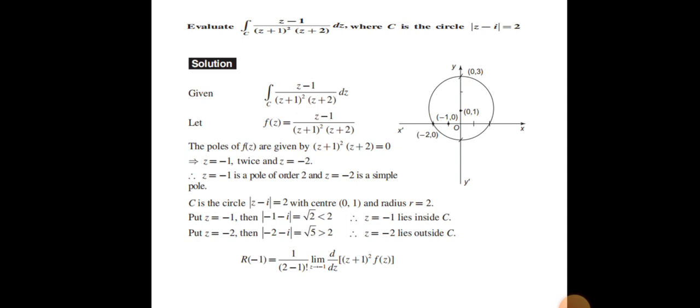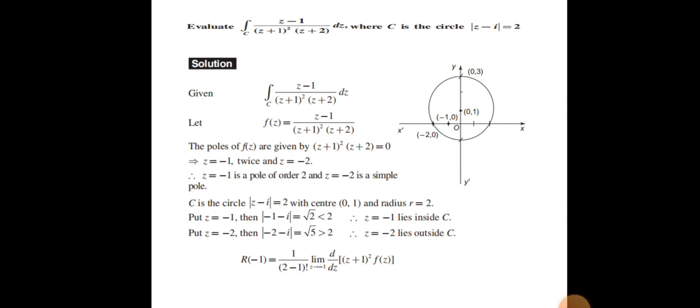We substitute z equal to minus 1 in modulus of z minus i. We find modulus of minus 1 minus i, which is root 2, and of course this is less than 2.